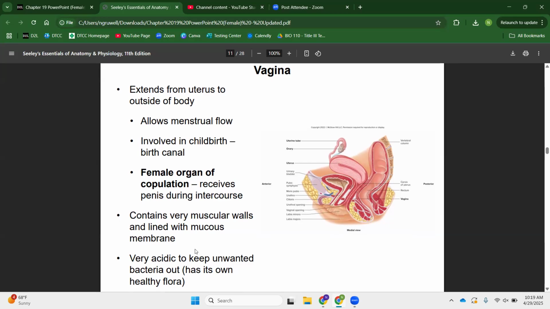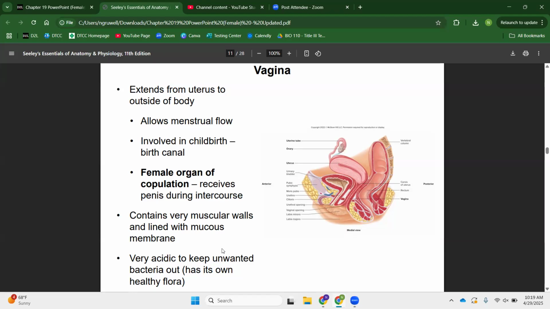And this final bullet is very important to keep in mind as well. It's very acidic compared to the pH of the body, but that's because it wants to keep bacteria out. So just like the gut, the vagina has good bacteria, good microorganisms that are used to that pH.